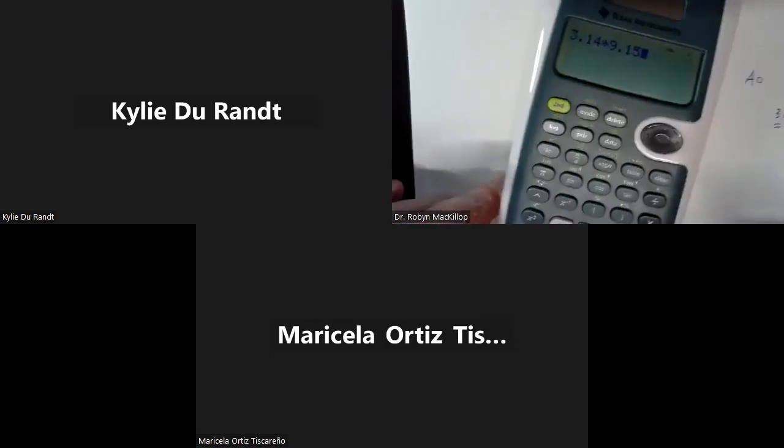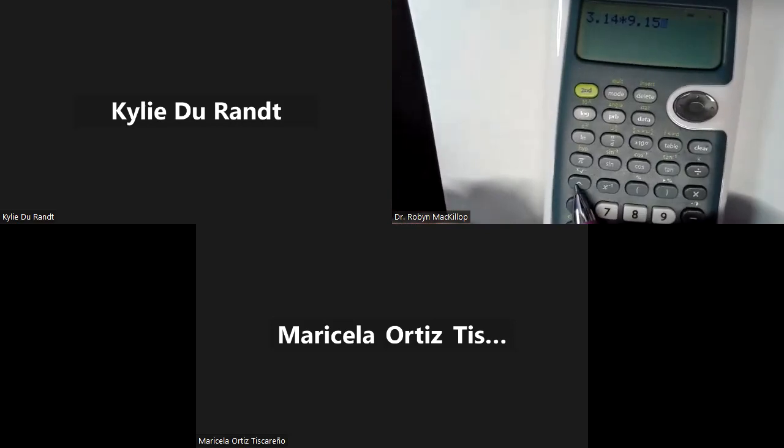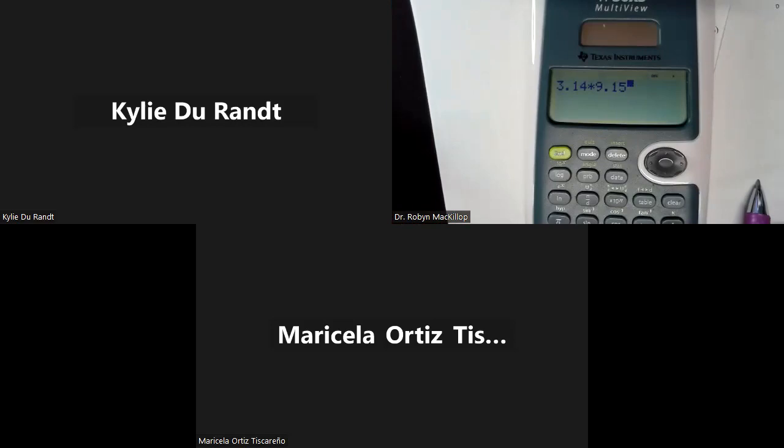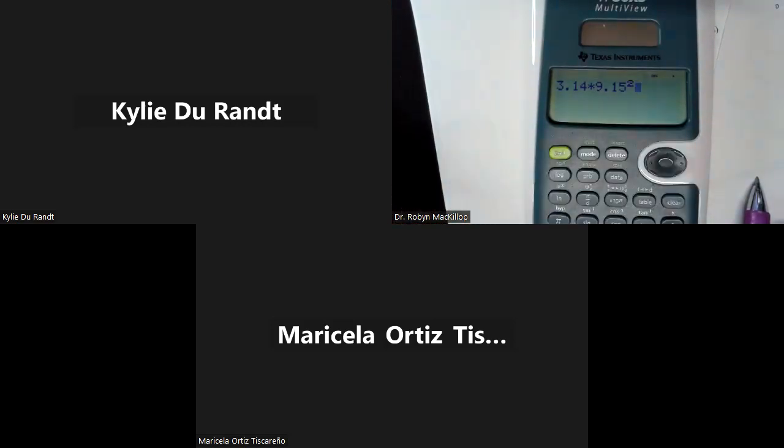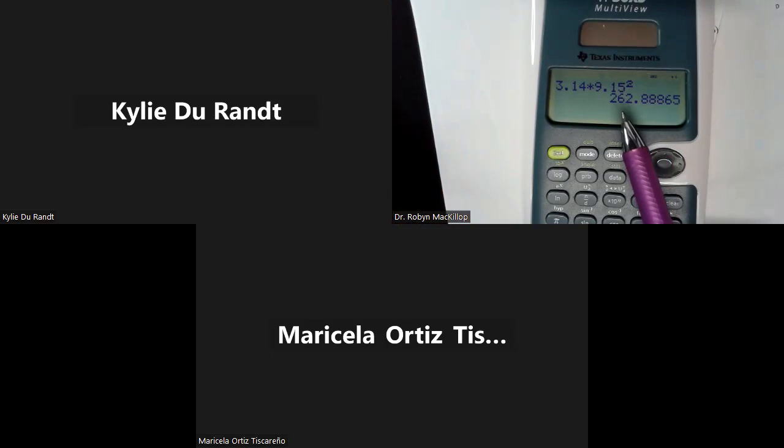Exponent is that little tent button right up here, kitty corner from the 7. Exponent mode, 2, arrow out of exponent mode, hit enter, 262.88865. This is basically going to be 262.9.